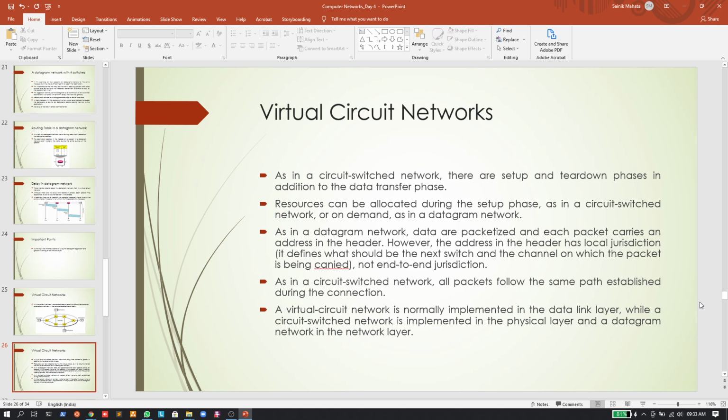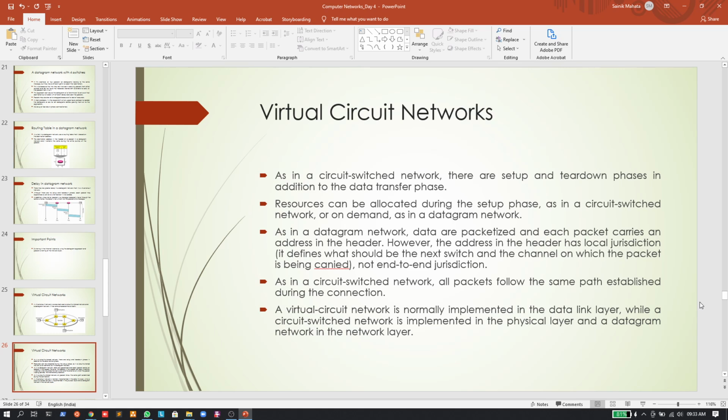Now, if you remember, what is a setup phase? It means that a physical resource is being allocated. A physical connection is created between the source and the destination so that the data transfer may occur.